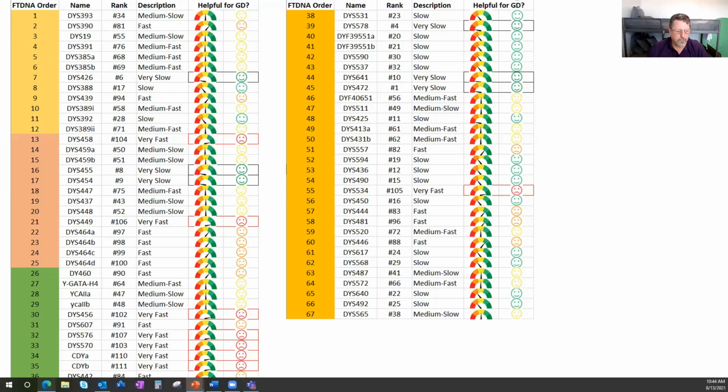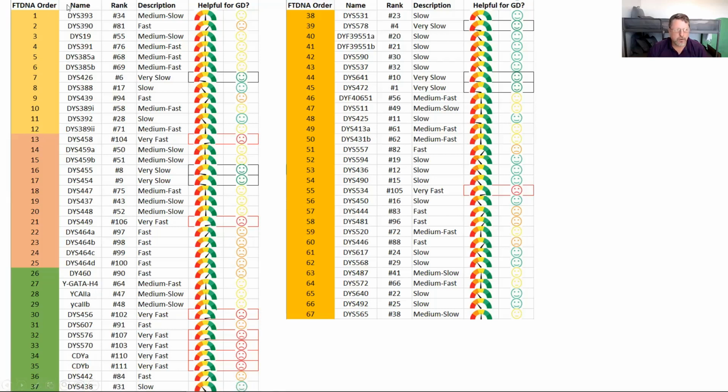Here's the 37 test, the 67 test, and these are all the marker names. And here we've ranked the average speed of those mutations. That means that if a marker moves really fast, it's not really good for genetic distance. So I could have a genetic distance of 3 with somebody, but if those 3 markers happen to be very fast markers, I consider it a genetic distance of 0. I ignore those 3.